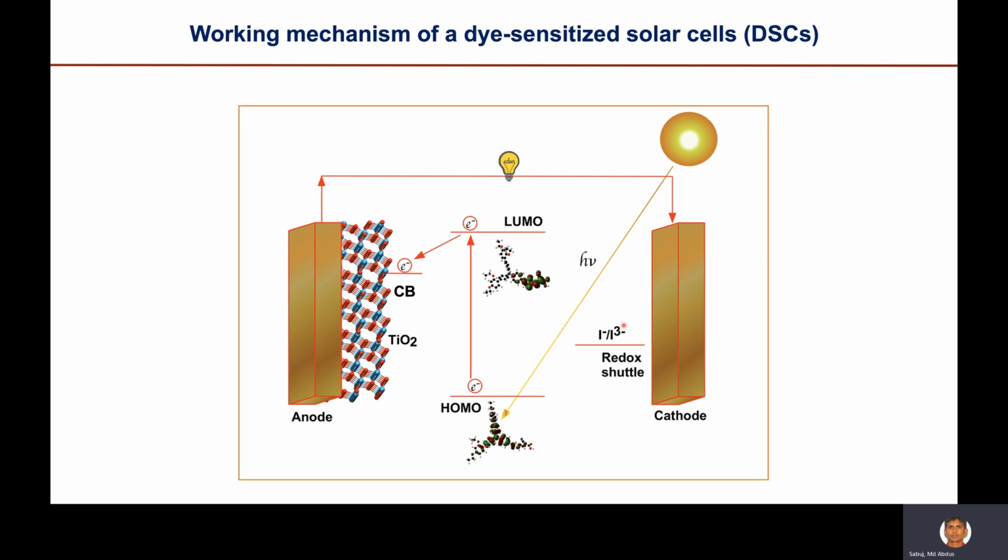The photoexcited dye ejects an electron to the conduction band of a semiconductor such as titanium dioxide and gets oxidized. The electron is then passed through an external circuit and collected by a counter electrode. Finally, the electron gets back to the oxidized dye by a redox shuttle, regenerating the dye, and the cycle repeats.